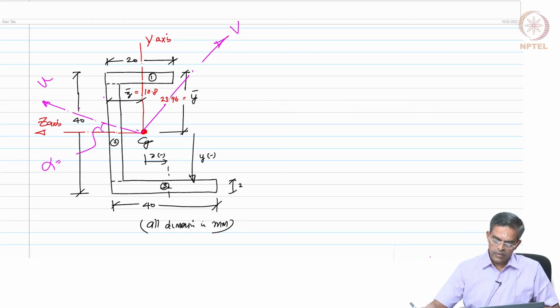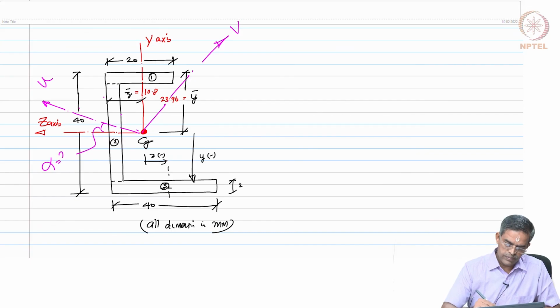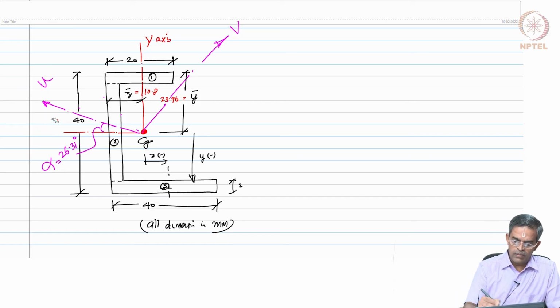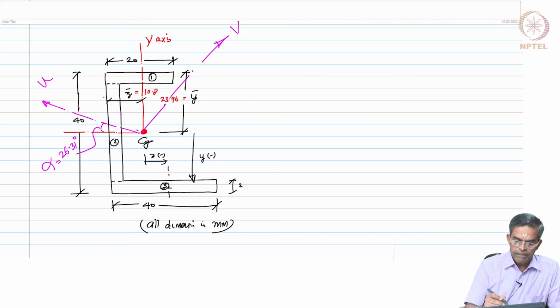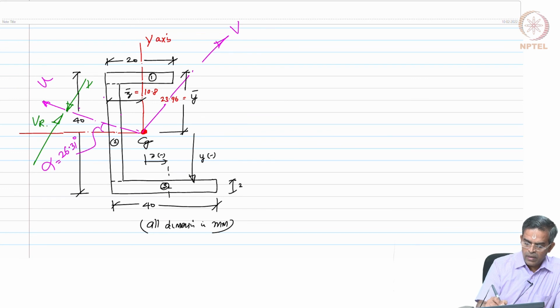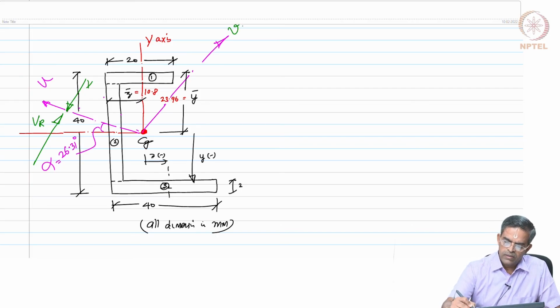Alpha is 26.31. Okay. So, now if I remove this label, I am going to apply the load V and the reaction VR here along the VV axis. Please understand, I am writing it normal. So, it is along VV axis. So, let us say this is V.